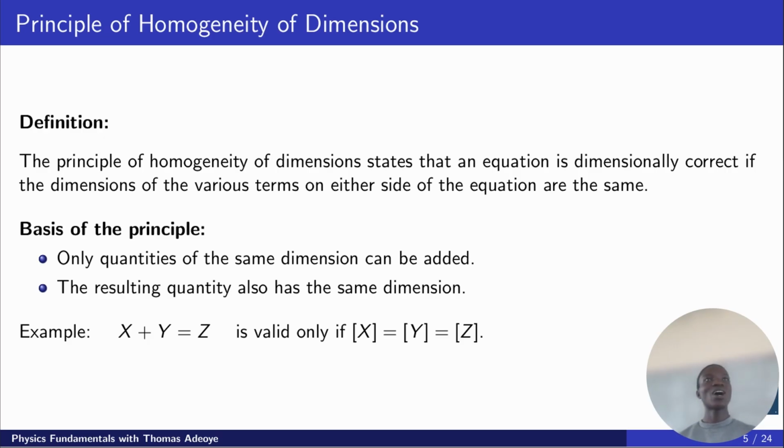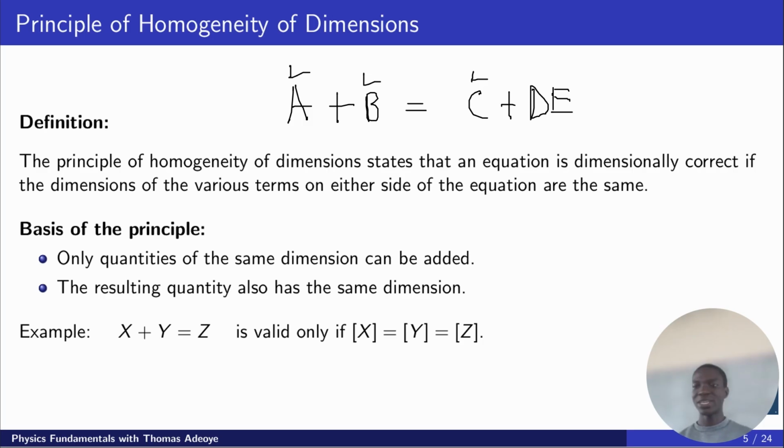So what does this mean, or what is all this that I'm reading? What this principle is saying is that suppose I have an equation A plus B equals C plus D E. According to the principle of homogeneity of dimensions, each term, this is a term, this is another term, this is another term, let me call this DE, this is another term.